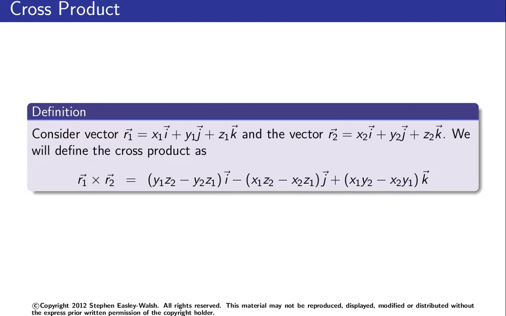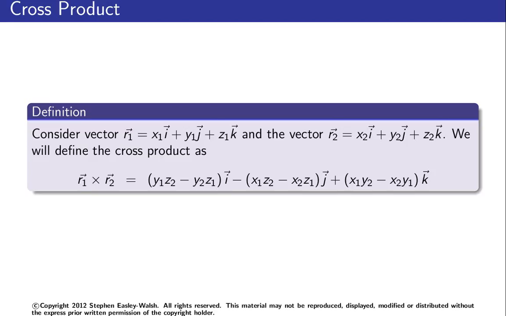Now, this might seem like a very big formula to remember, but there's actually a pattern here which maybe you've spotted. Notice that in the i component, it contains no x, in the j component, it contains no y, and in the k component, it contains no z. So i contains yz, j contains xz, and k contains xy.